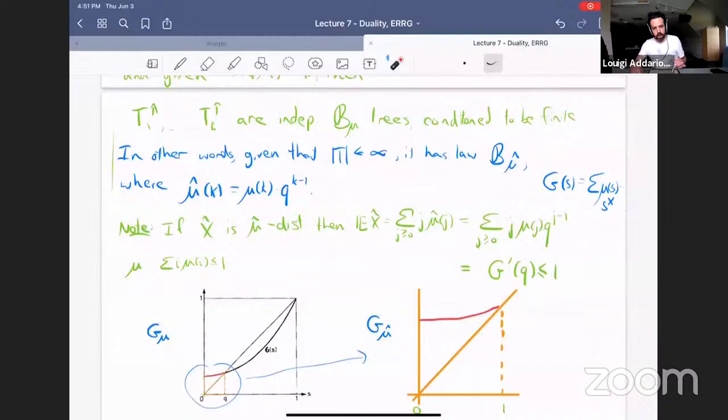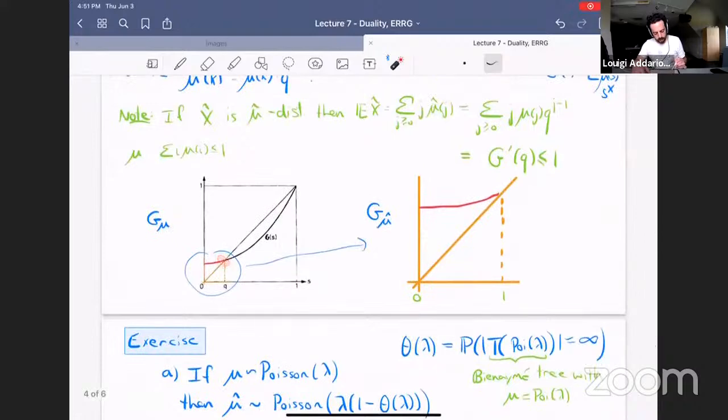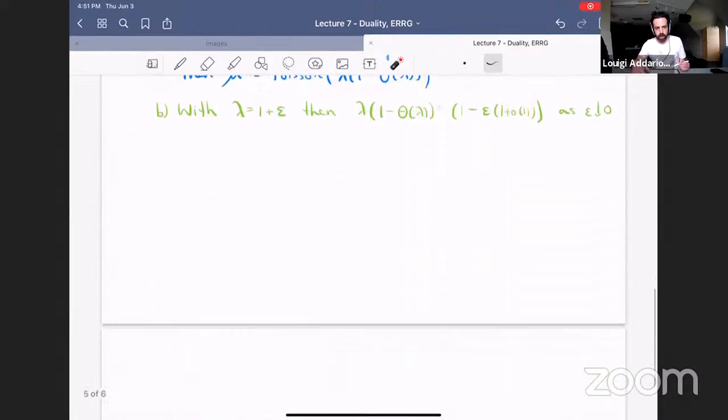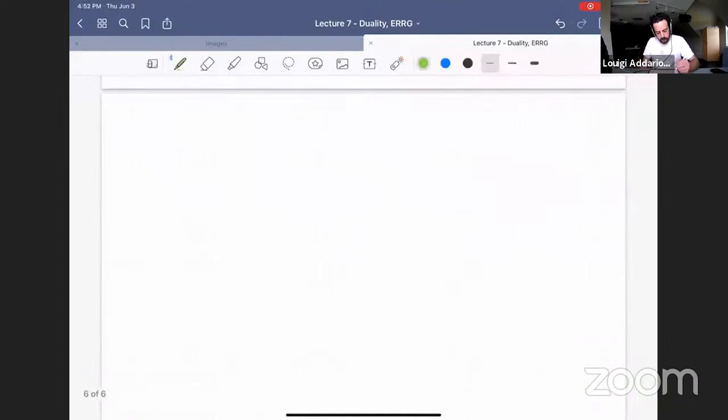Even if mu is subcritical, then mu hat is mu, and if mu is supercritical, then this derivation told us that mu hat was subcritical. Strictly less than 1, indeed, because this is convex. If you start with something strictly supercritical, then when this convex function recrosses the line, it has to have slope strictly less than 1.